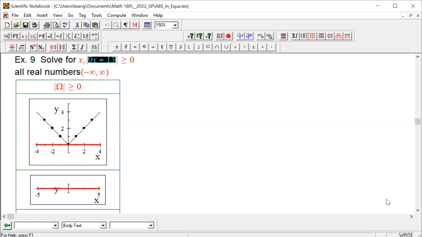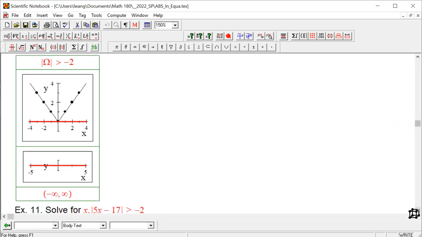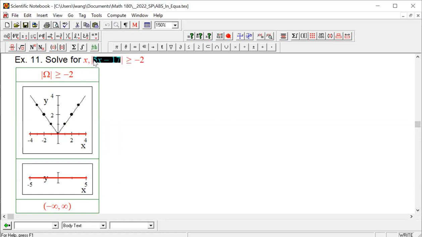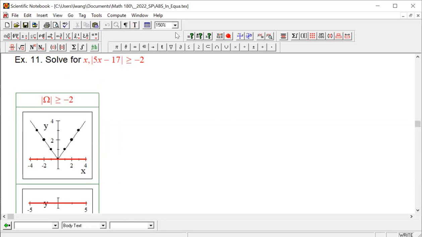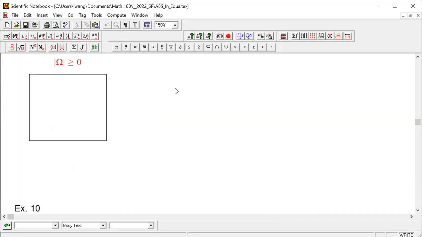And this is anything. You can say the solution is all real numbers, from -infinity to +infinity, because this absolute value is going to be at least 0, and 0 is larger than or equal to -2. That is always true. So that case is covered.